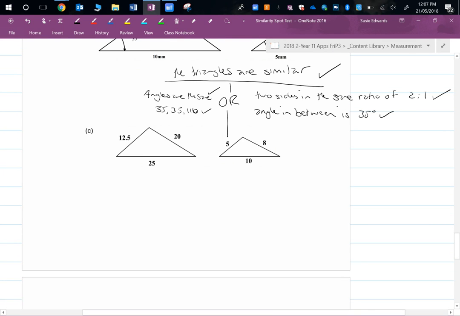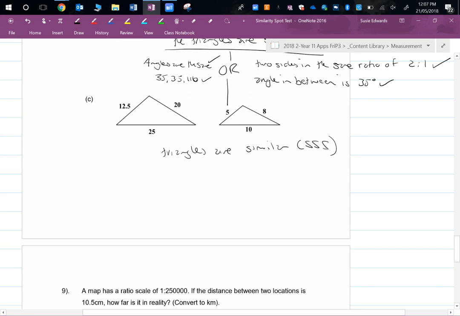All right, so triangles are similar, side, side, side. Now, we should have probably checked this before because they possibly might not be. However, I already know that they are. If we look at the biggest number, let's highlight them. These are the corresponding sides. And we can say 10 over 25 and 8 over 20 and 12.5 over 5.